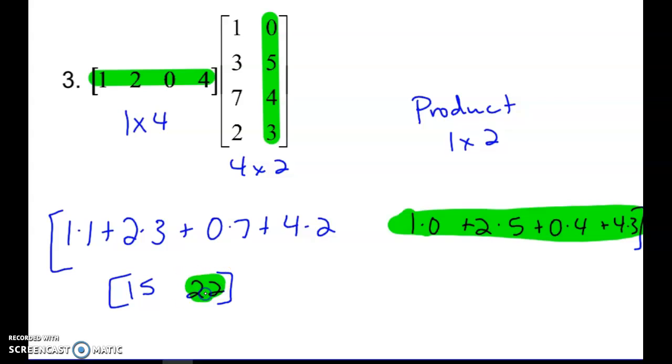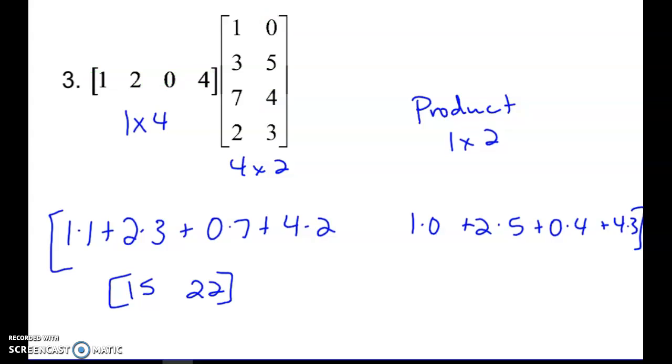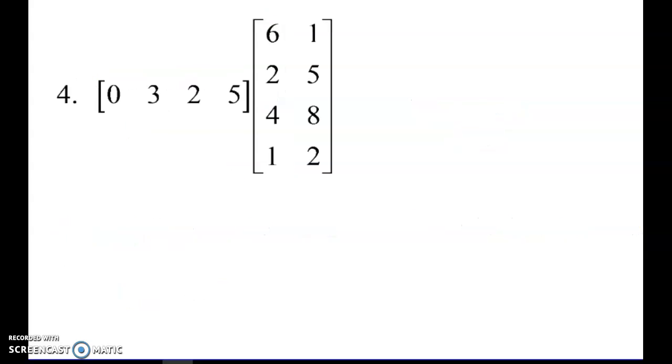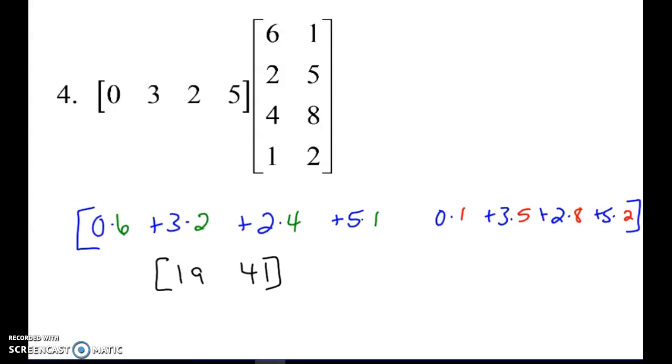And then you can simplify that to be 22. All right, try one more. If we try this last one, you should get the final matrix, a 1 by 2, that has the product 19 and 41.